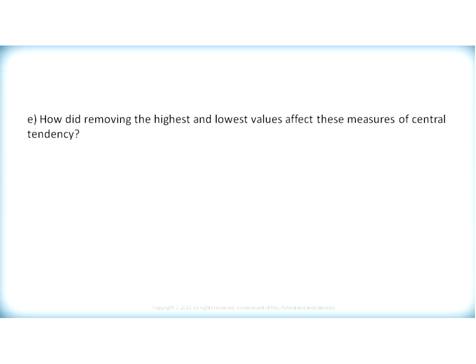How did removing the highest and lowest values affect these measures of central tendency? Well, the range was originally 3, and now, it's not officially called the trimmed range, but that's what I'm going to call it for now, it was 0.9.